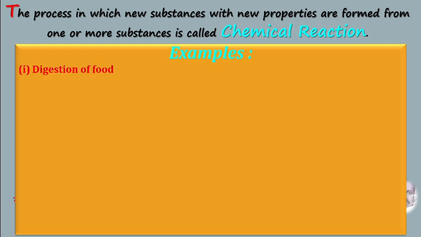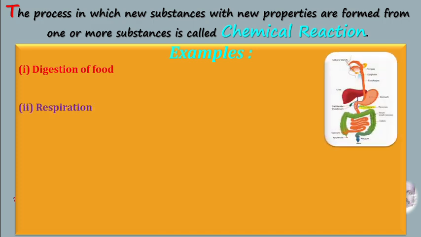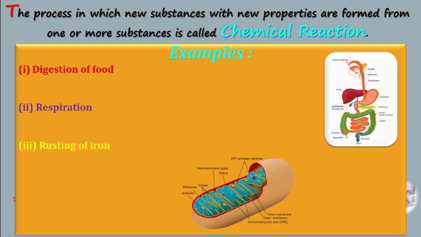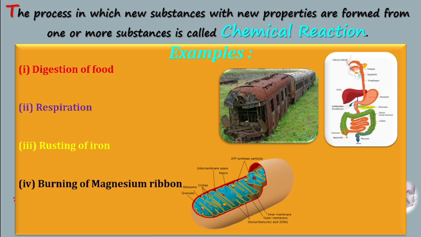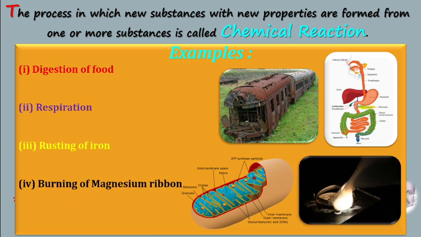Examples of chemical reactions are digestion of food, respiration, rusting of iron, burning of magnesium ribbon, formation of curd.